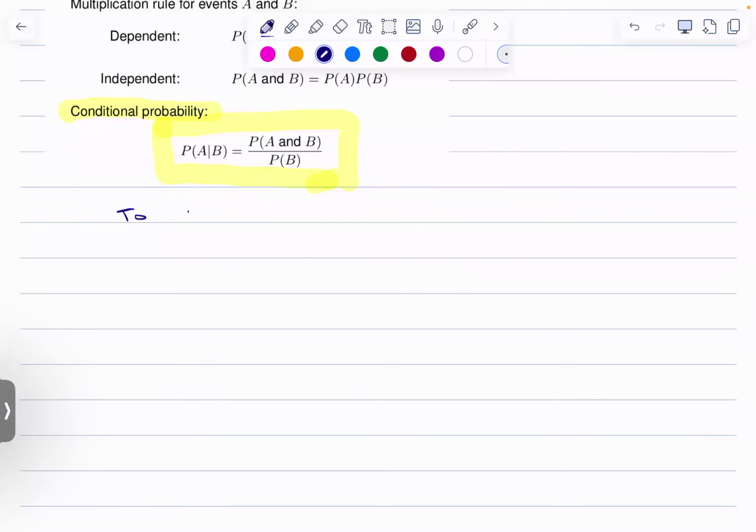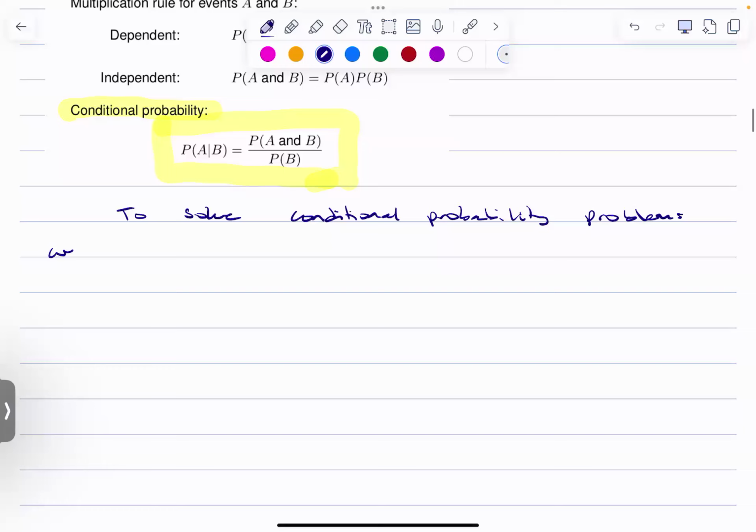And so to solve probability or conditional probability problems, we use a tree diagram.